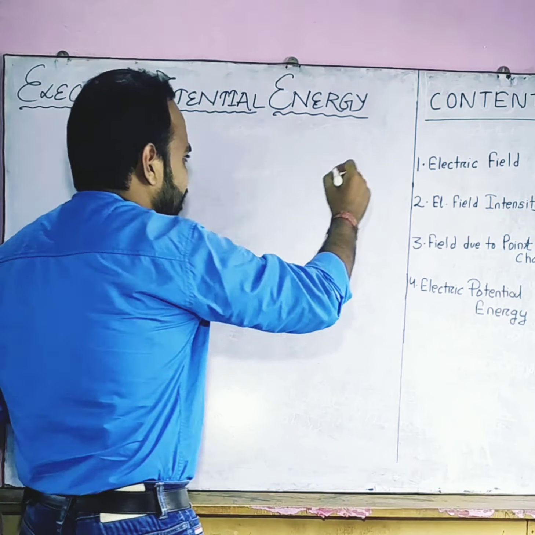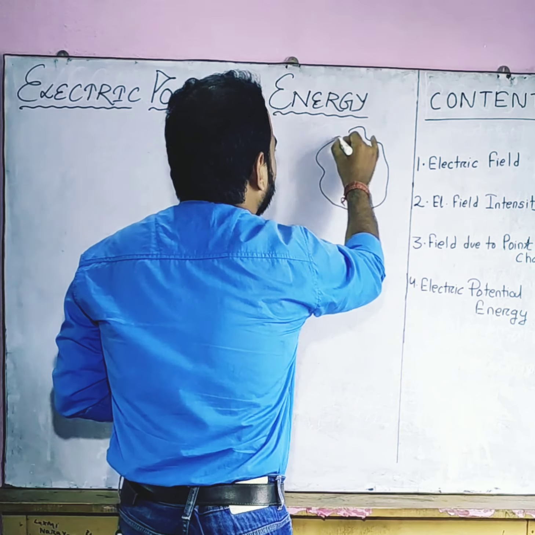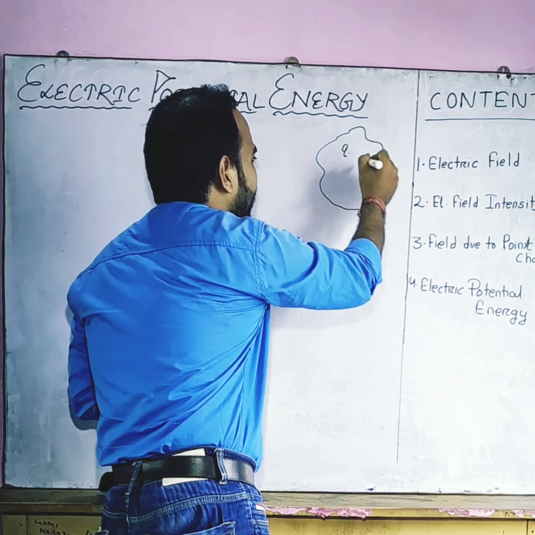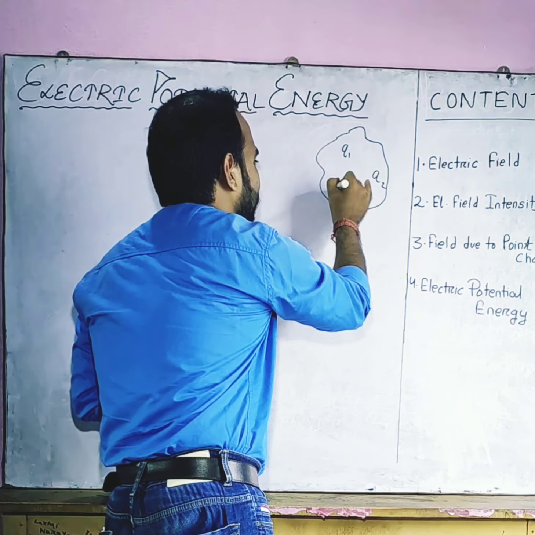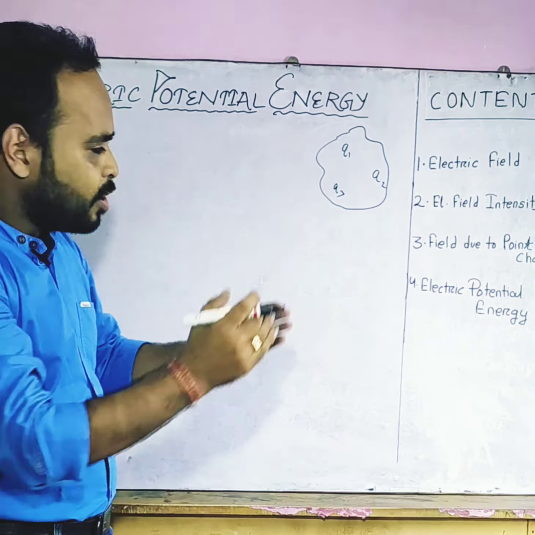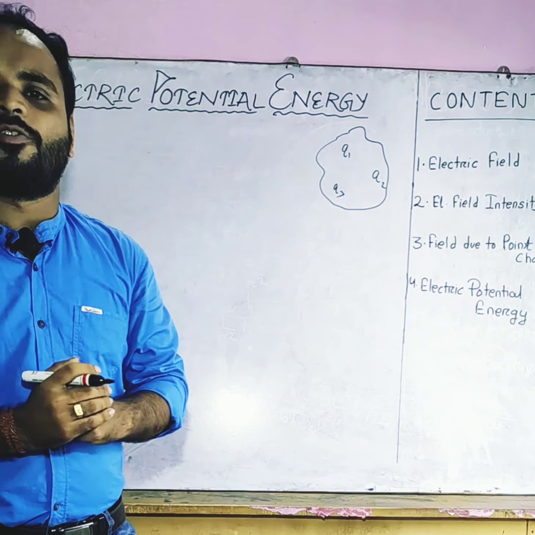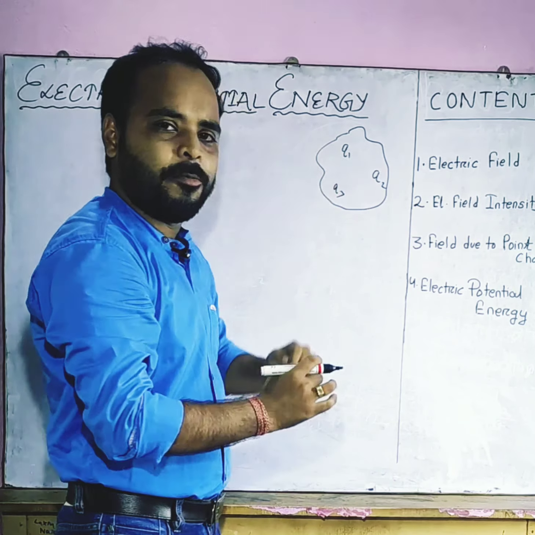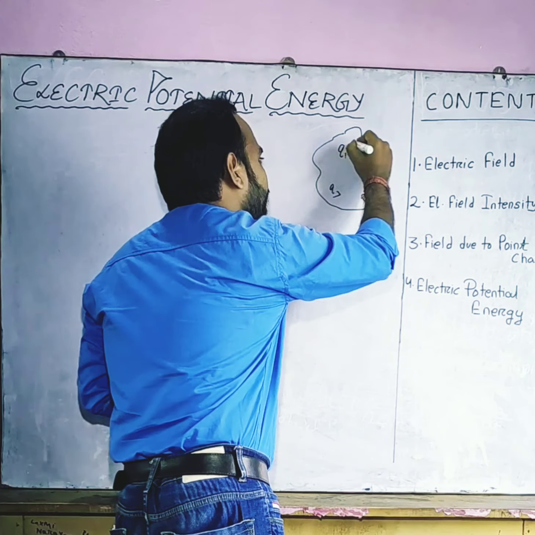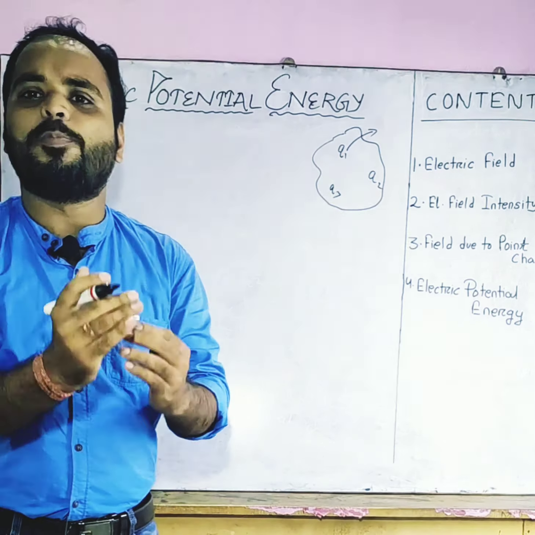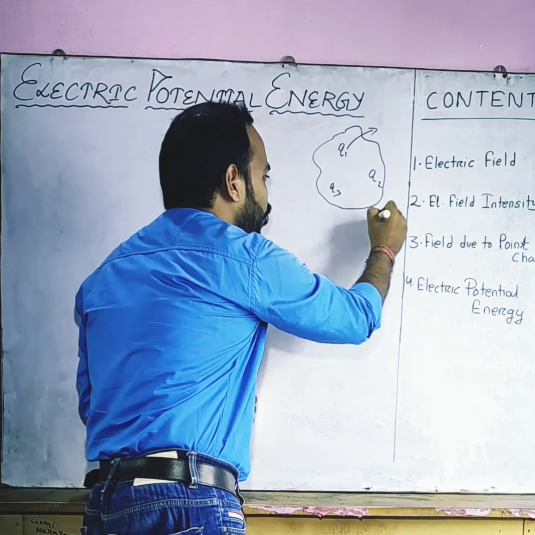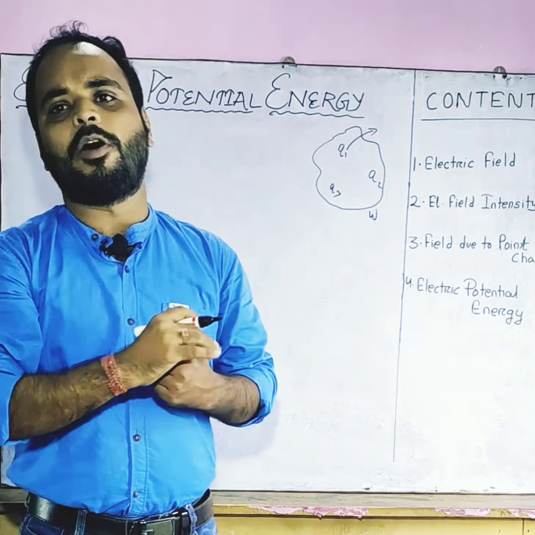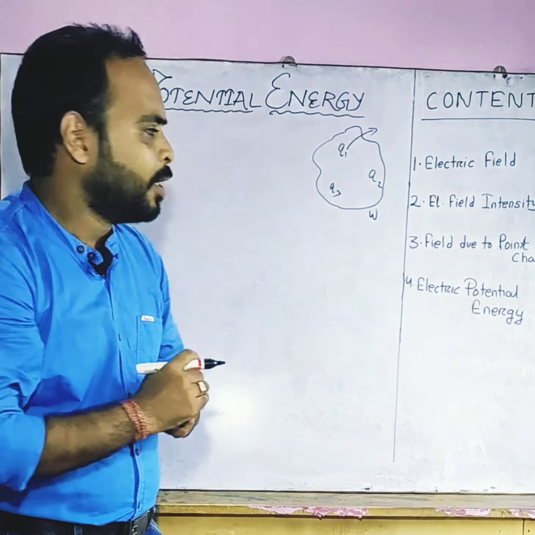First, let us assume an isolated body which contains a number of charges. Now these charges will exert forces on each other, and if due to the electric forces any one of them changes its position, then some work may be done, and this work leads to the concept of electric potential energy.